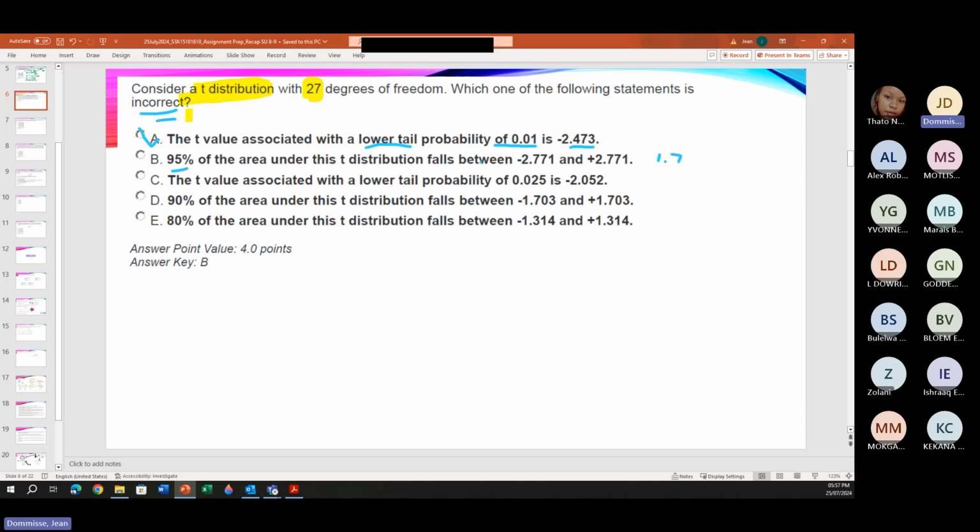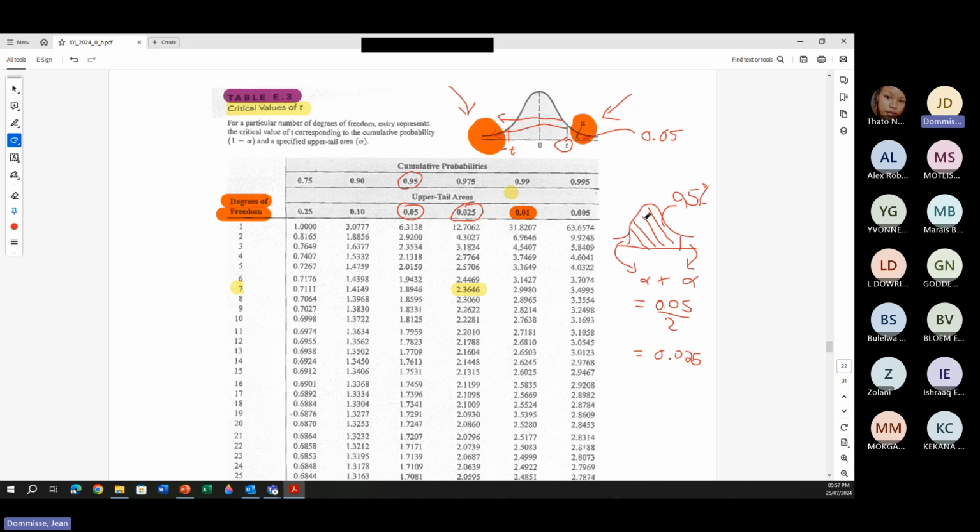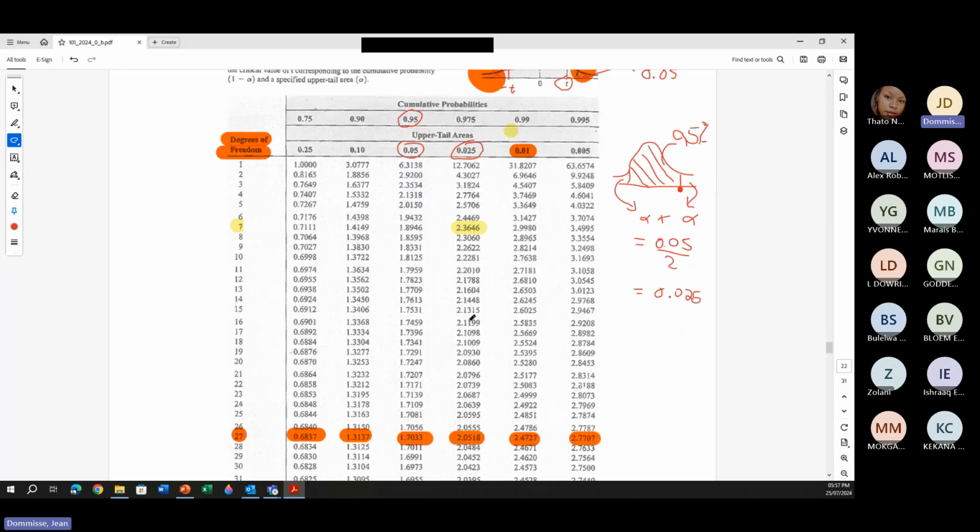Even though it doesn't tell us that in those words, we're actually looking at a two-tail with 95% of the information in the middle. So if I want to get to that t value there, it is 95% plus 2.5, which gives me the 0,975 over alpha of 0,025.